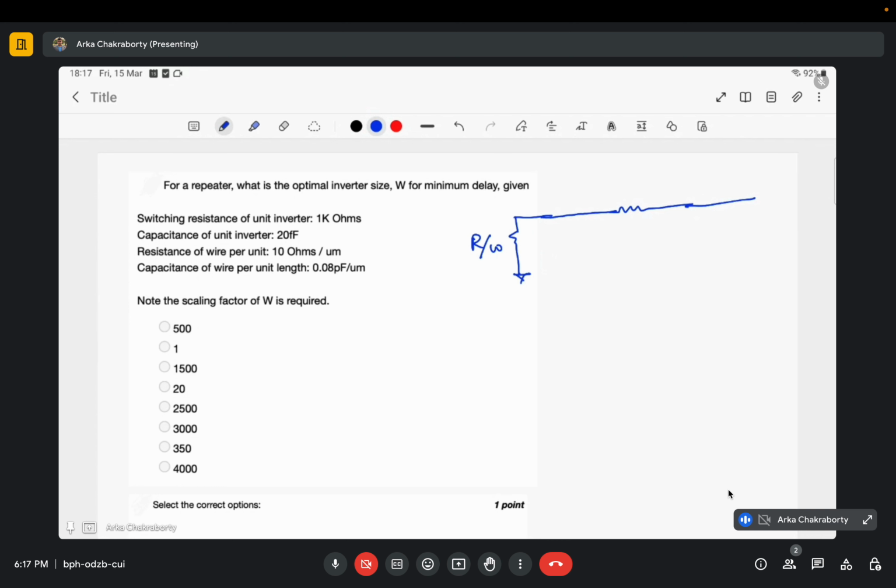So its resistance would be R by W and its capacitance would be C into W. Due to technology like folded technology, we can get another constant factor, rho inverter, whose value depends upon the layout of the circuit that we are working on.